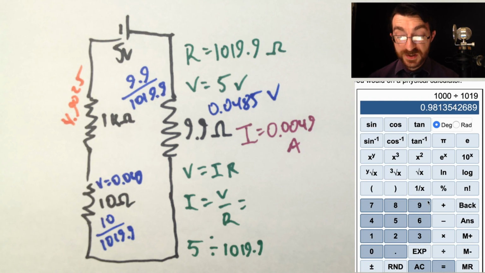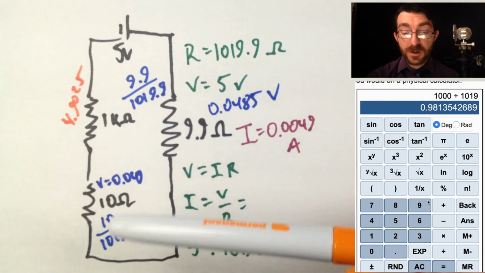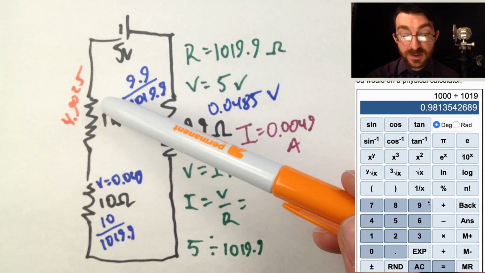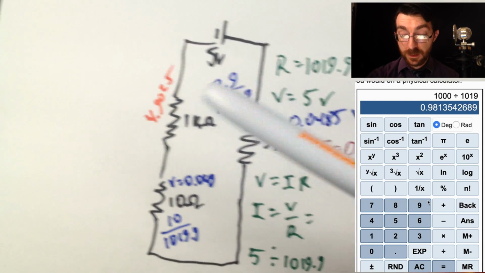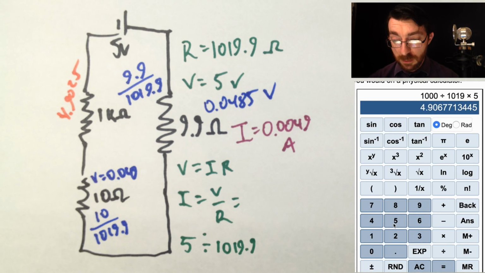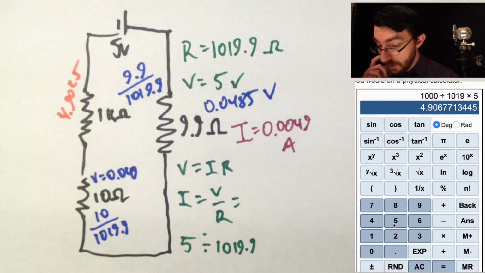So we get 98% of the resistance in that resistor, which means 98% of that battery is going to be used up crossing that resistor. So let's just see how much that is. Times 5, 4.9. See?